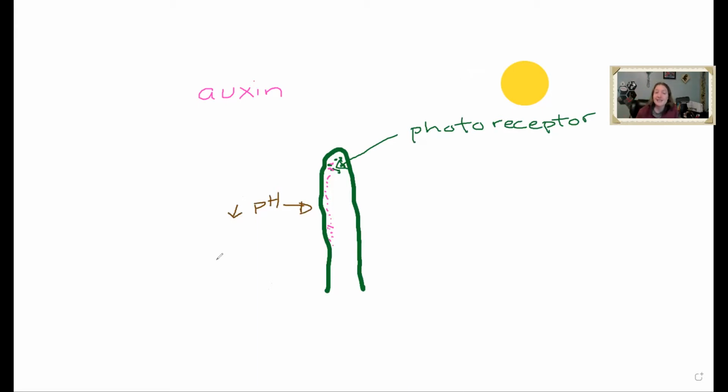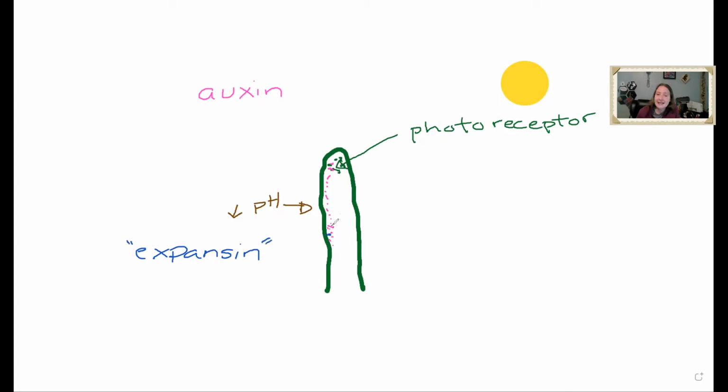That triggers the release of an enzyme. An enzyme just means, in science words, a thing that makes things happen. It releases an enzyme called expansin. Do you hear how expansin sounds like expand? Sometimes when people name enzymes, they give them really obvious names.